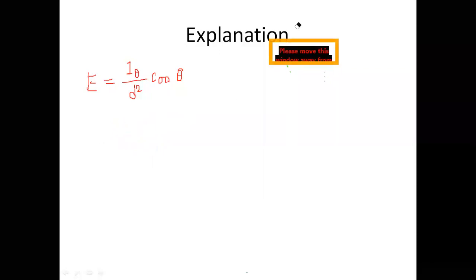Now, where I theta is the luminous intensity of the source in the direction of the illuminated point, and theta is the angle between the normal to the plane containing the illuminated point.